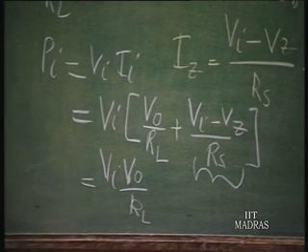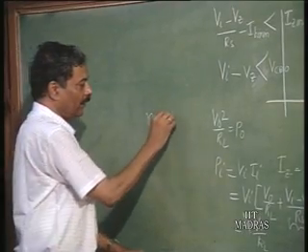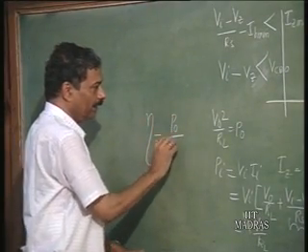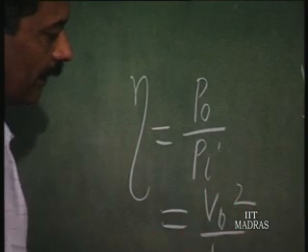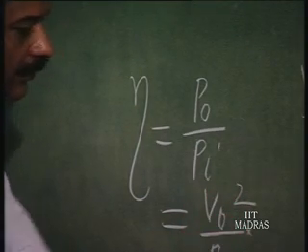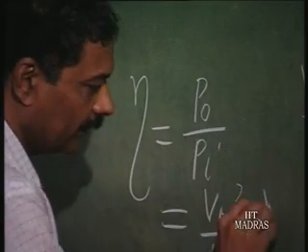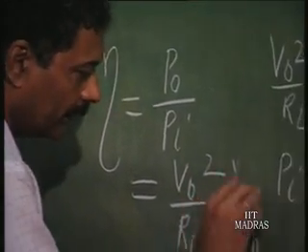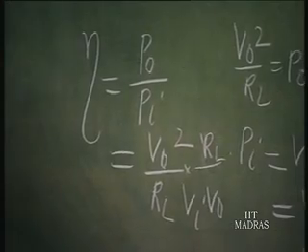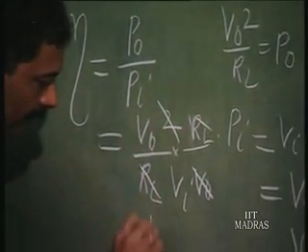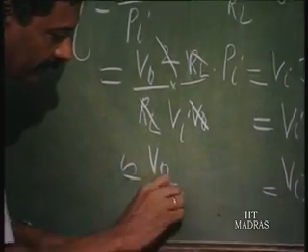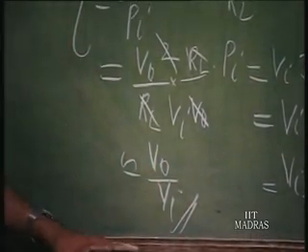So, efficiency is going to be output power divided by input power. Output power is V_naught squared by R_L, input power is V_I times V_naught by R_L. So, we get this as essentially equal to V_naught by V_I, simply because we have neglected the bias current.